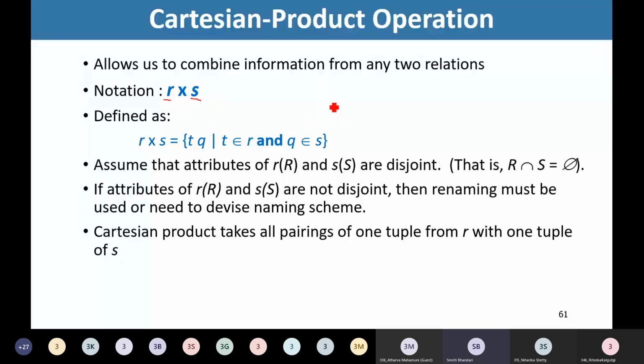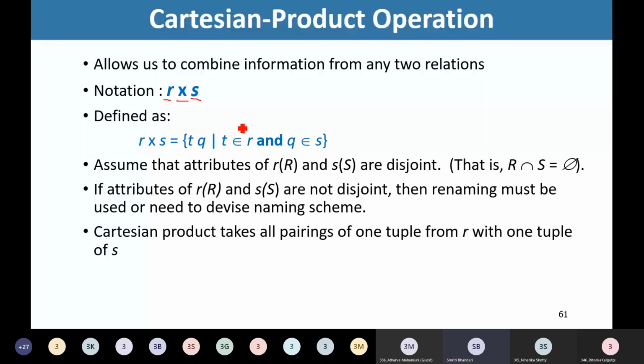Sometimes Cartesian product is also known as cross product. And this is the notation we use to denote the cross product or Cartesian product. This operation basically allows us to combine information from two relations.